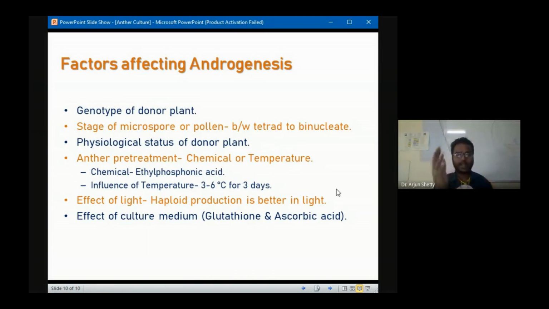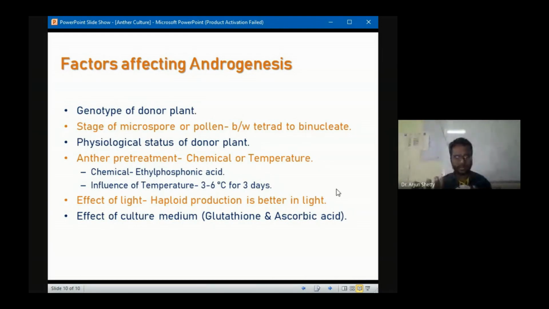And next is the effect of culture medium. Usually Murashige and Skoog medium, B5 medium, Mist medium, Linsmaier and Skoog medium, Gamborg medium, any of the different media can be used according to trial and error.